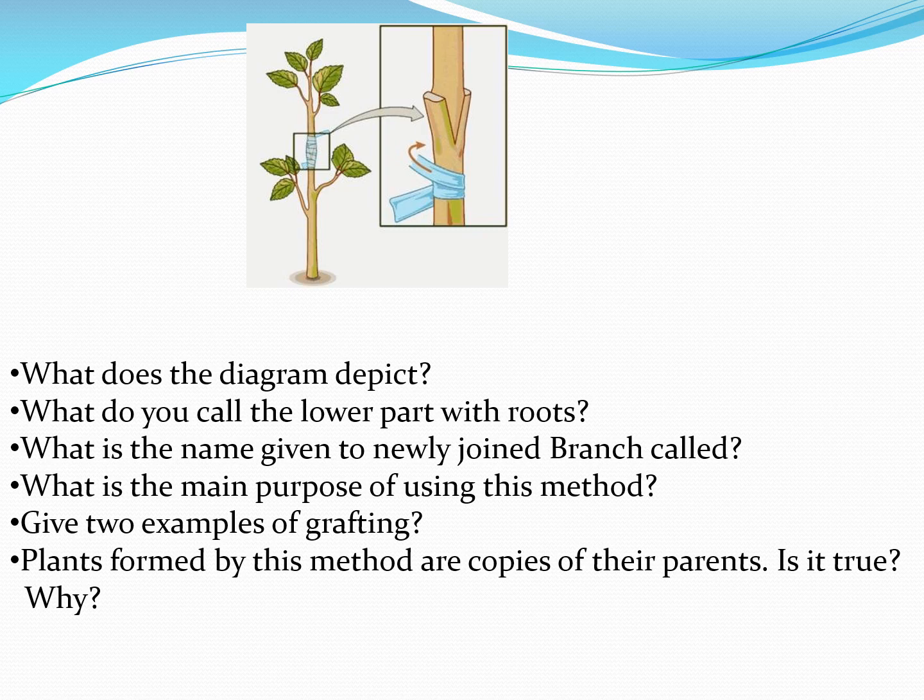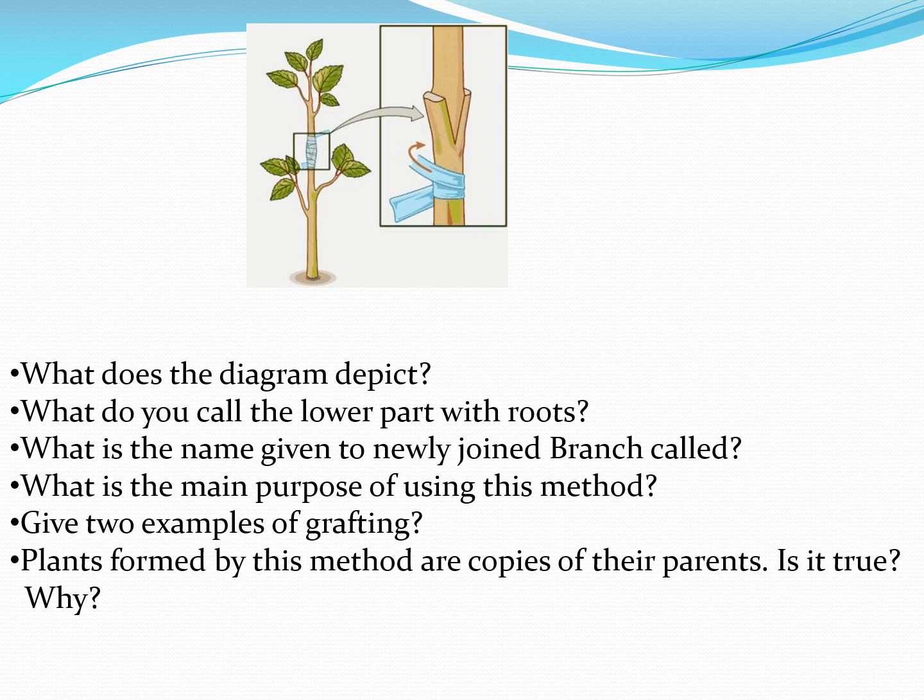Next question. What is the main purpose of using this method? Grafting is used to obtain a plant with desirable characters. Next question. Give two examples of grafting. Mango, citrus, apple, rose.